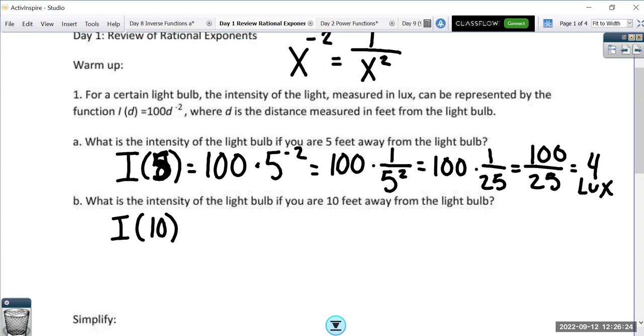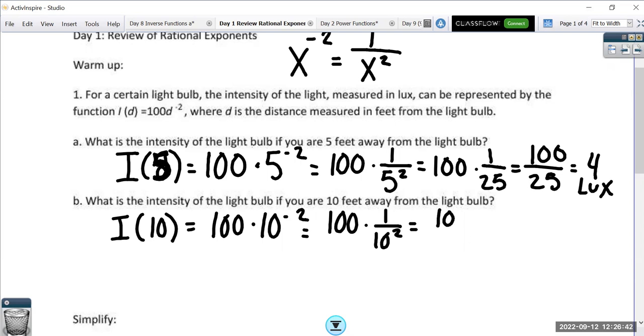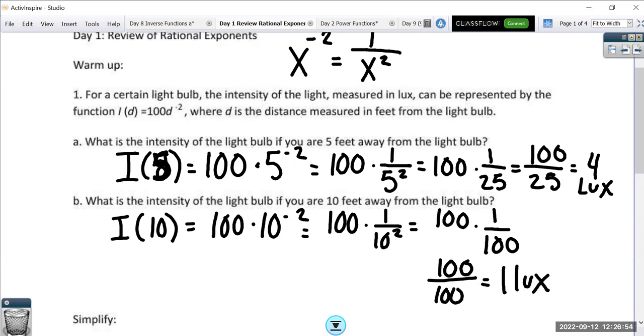I sub 10, we have 100 times 10 to the -2, which is 100 times 1 over 10 squared, 100 times 1 over 100, and simplifying down, 100 over 100 leaves us with an answer of 1 lux.